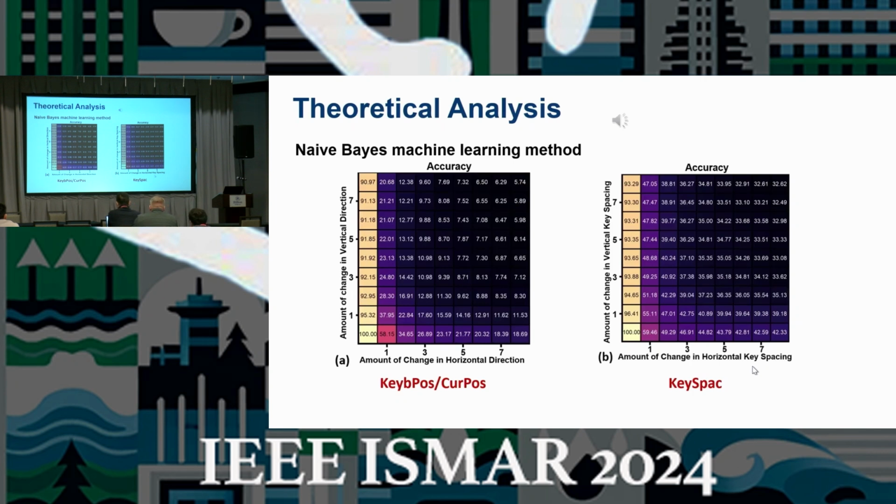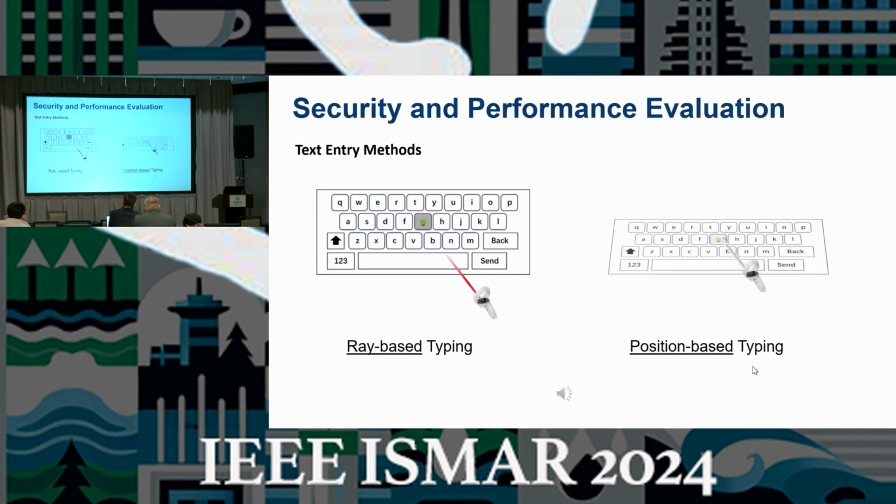Under the consideration of the results of the theoretical study and the occupied area size, we set the movement intervals for keyboard position and cursor position as a range from -4 to 4 in the horizontal direction and from -3 to 3 in the vertical direction, and variation intervals for key spacing as the range from 0 to 2 in both horizontal and vertical directions.